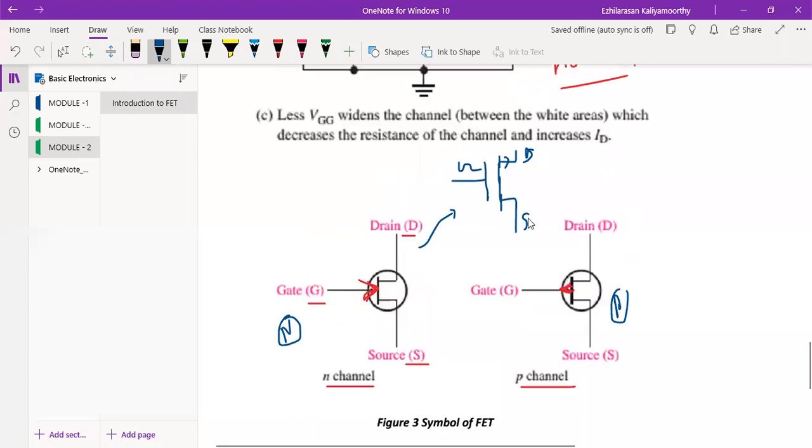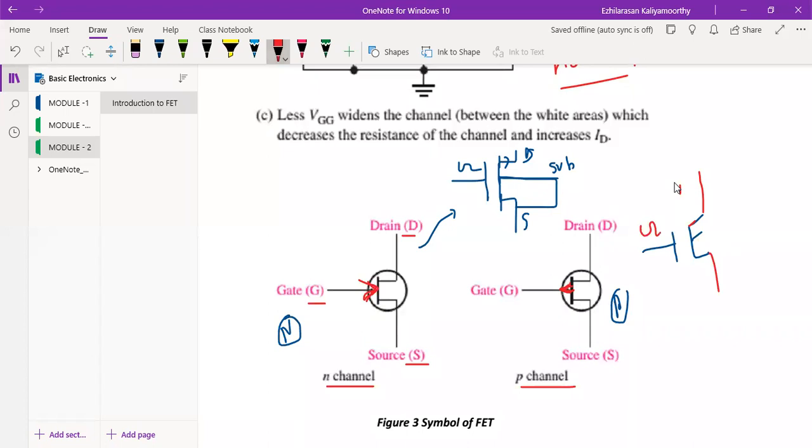You may think, what about another terminal? Yes, let's see. This is the other terminal. This terminal is nothing but your substrate. In the same way, even here for P type, this is the gate, this is the drain, this is the source.